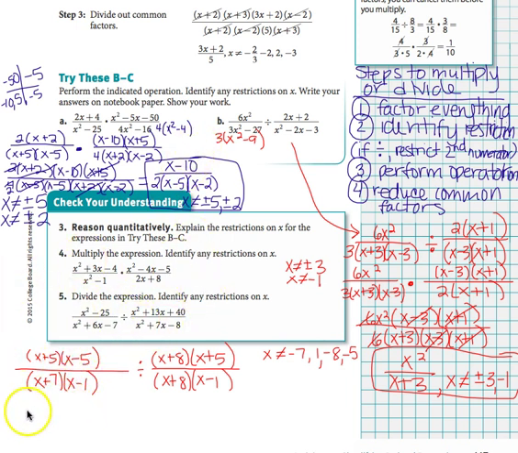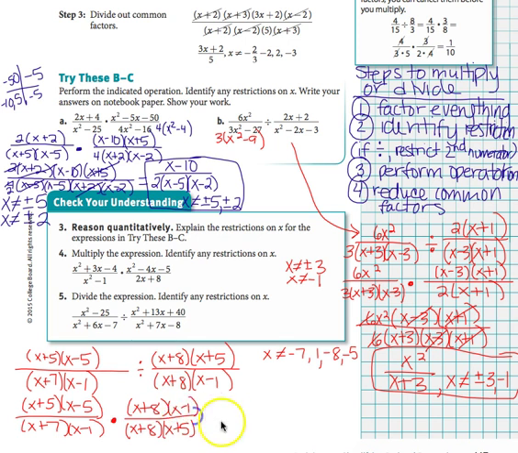Step 3, perform the operation. So I'm going to change this from written division to multiplication by the reciprocal. So what was in the numerator is now going to the denominator. What was in the denominator is going to the numerator.